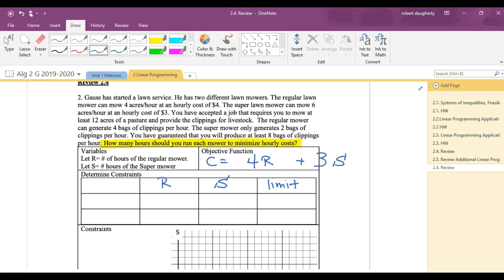So at least 12 means that that's the smallest that it can be, and I have to generate at least 8 bags of clippings. So at least 8 bags of clippings. So this is the acres, and these are the clippings.